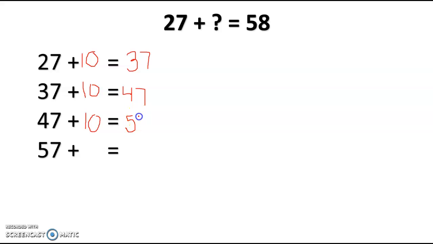Now I know that I need to stop at 58. If I add 10 more, I'm going to go over 58. How many more do I need to add to 57 to get 58? I just need to add 1. So 57 plus 1 is 58.